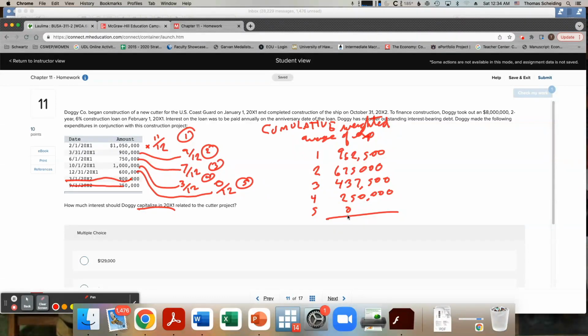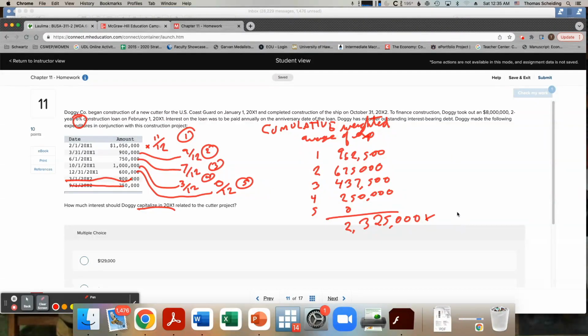And if we add that all up, we get 2,325,000. Now we need to multiply this by the interest rate.